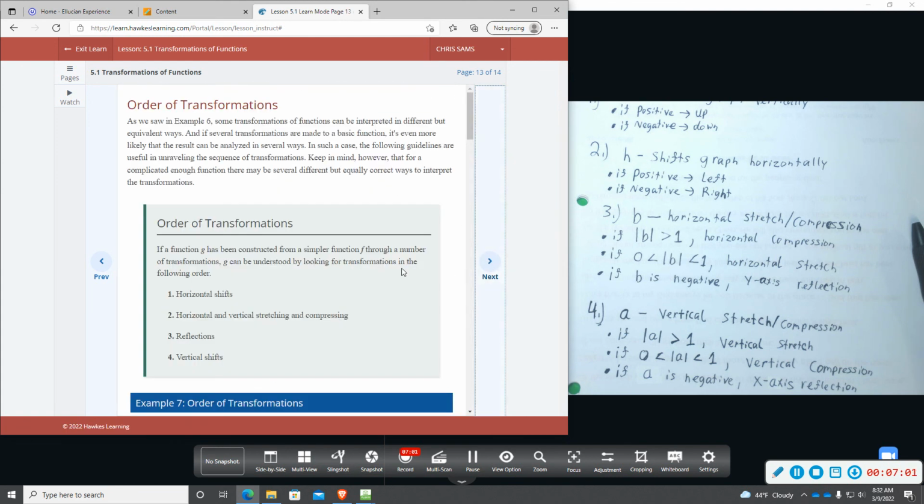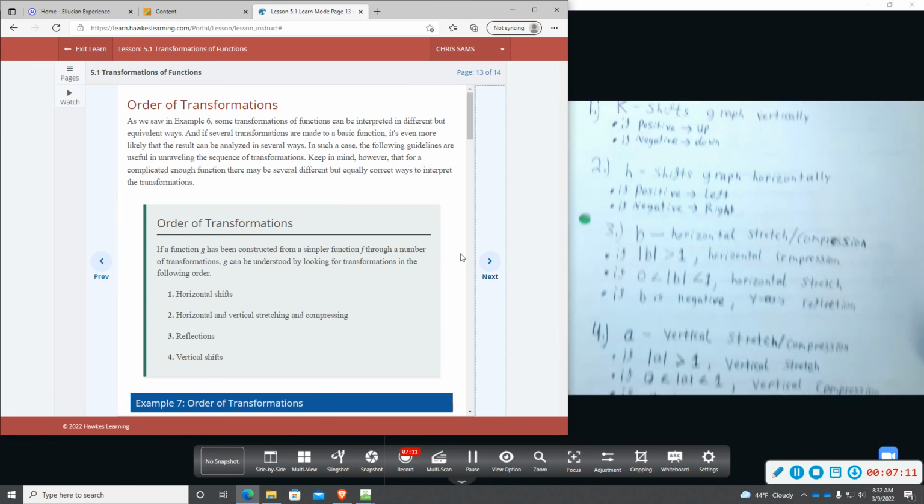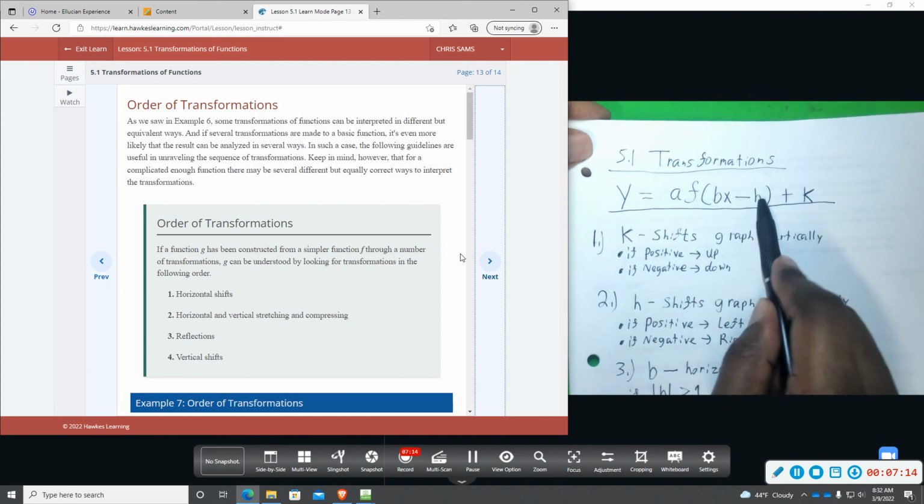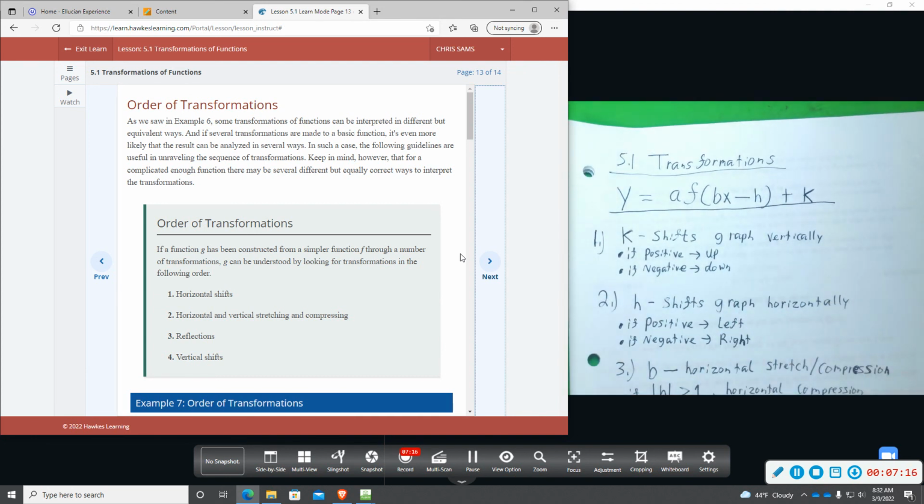And then here's the order of transformation. So this is important. You're going to do the shift first. It's kind of like doing the order of operations. You're going to work inside out. So you're going to shift first, and then you're going to do the horizontal stretch and compression.